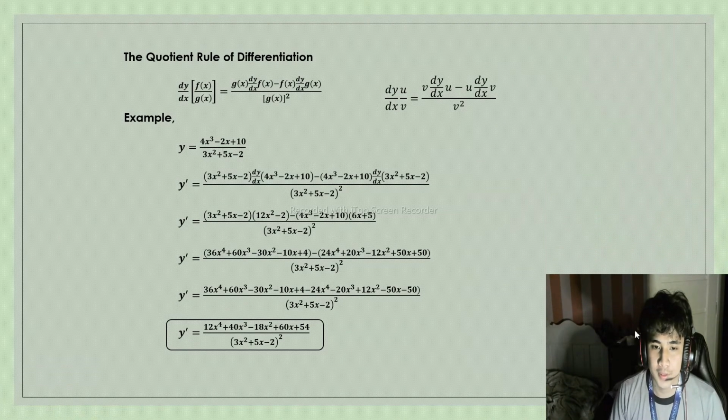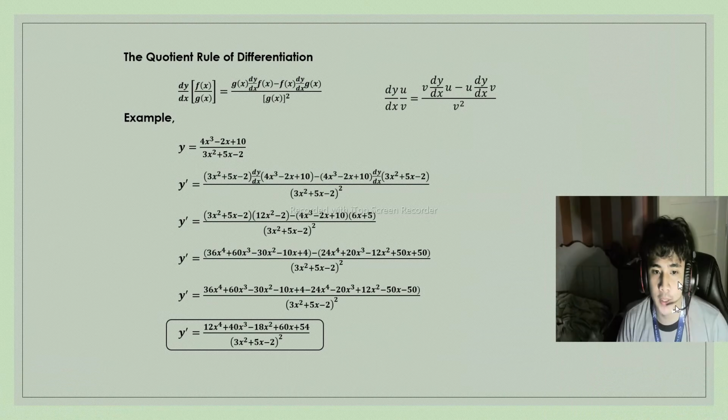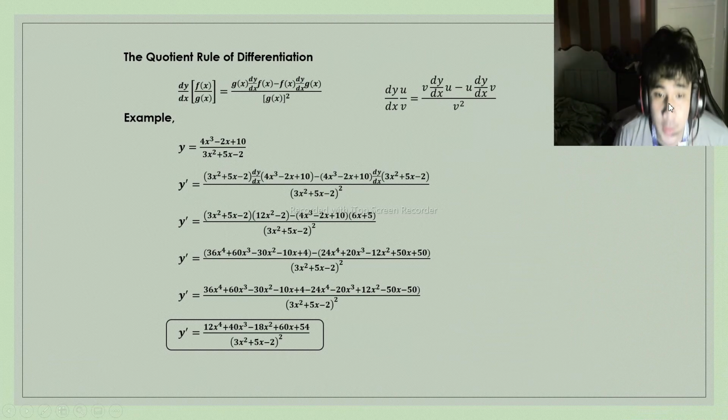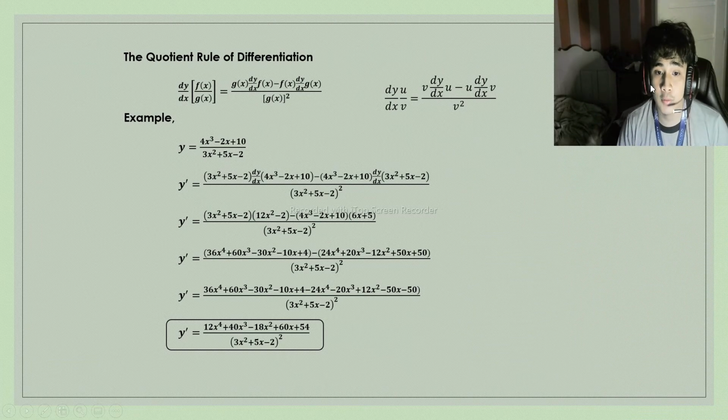Yan. So, for the quotient rule of differentiation, wherein the derivative of f of x over g of x is equal to g of x times the derivative of f of x minus f of x times the derivative of g of x, all over g of x quantity squared.